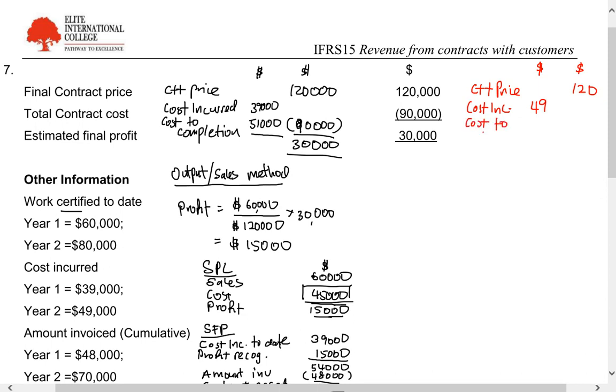Cost to completion 41. That makes 90 total cost. Estimated profit 30.